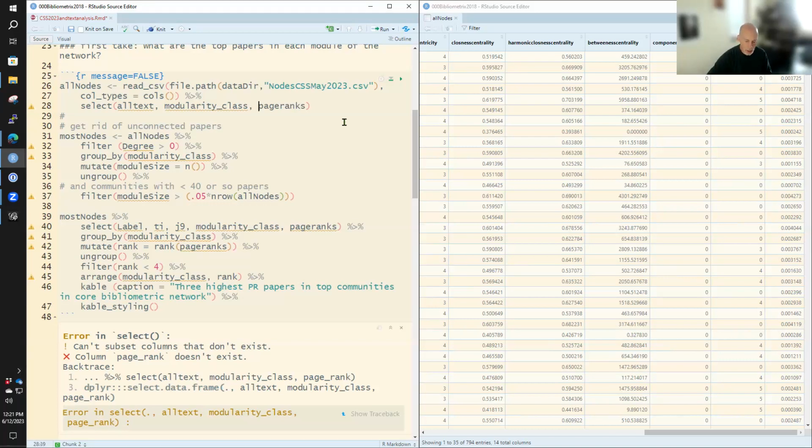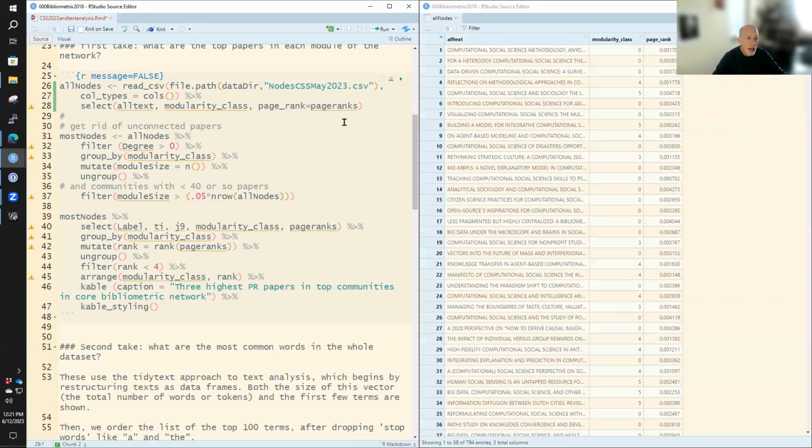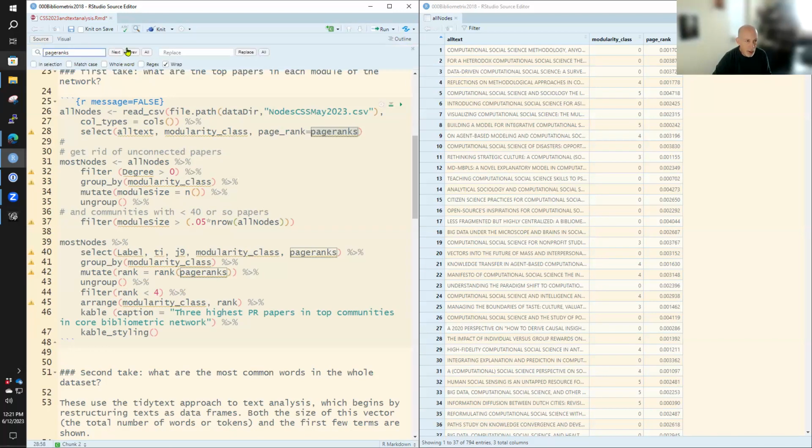Actually, let's do this. And then we rename it. So, a quick handy thing there. And I'm going to make sure that I replace it almost everywhere in my file, except in the first thing. Let's look at the next one. Replace, replace, and don't replace.